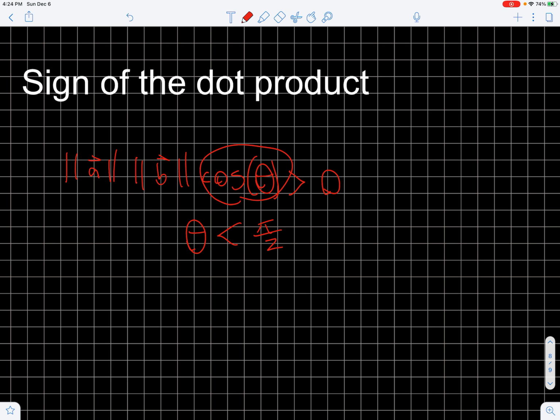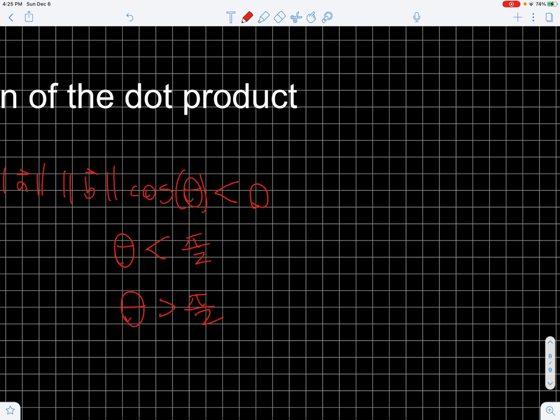How do we know that? Because cosine is only positive when theta is less than pi over 2. And if these guys are always positive, the only way that this whole thing can be positive is if cosine theta is positive. We know that if all that is less than 0, that means theta is greater than pi over 2.